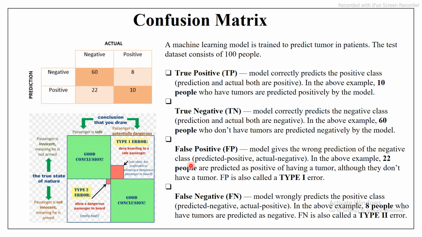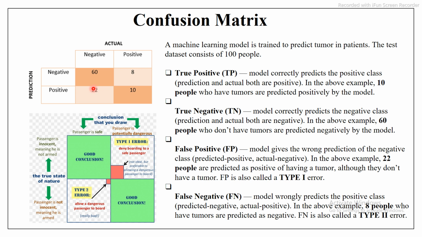The problem is the false positive. The model gets the wrong prediction of the negative class. In the above, 22 people are predicted as positive, having a tumor, but they don't have a tumor. This is a type 1 error.